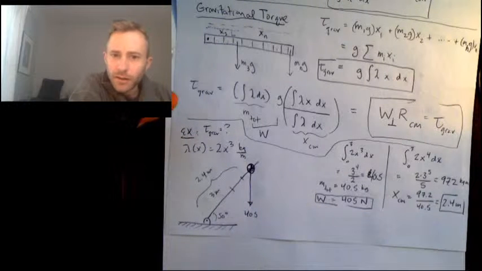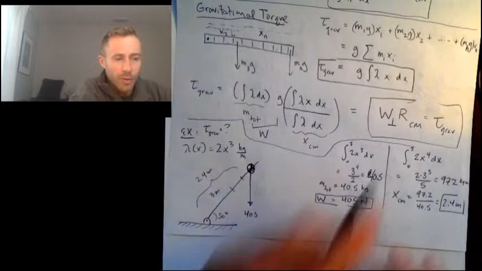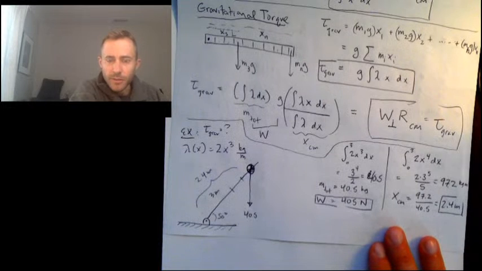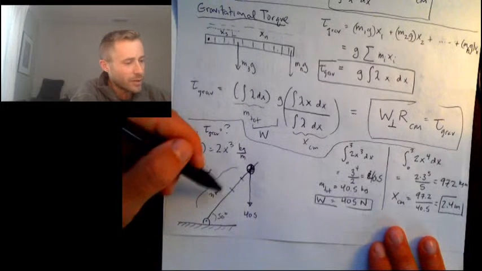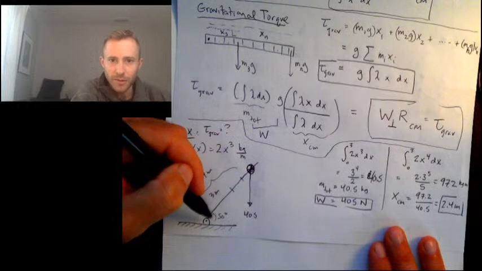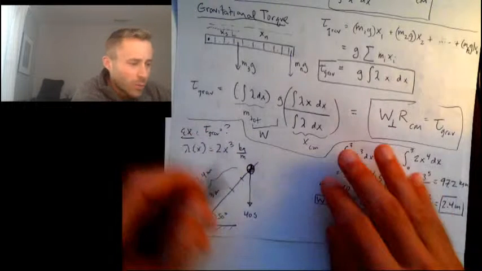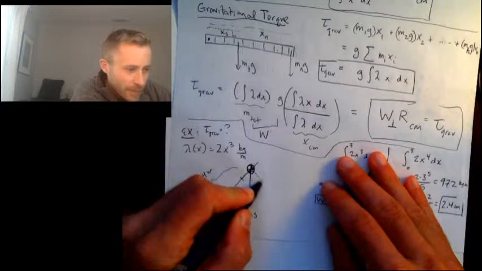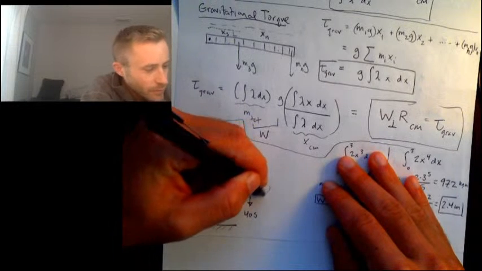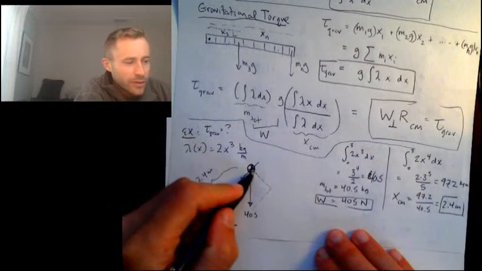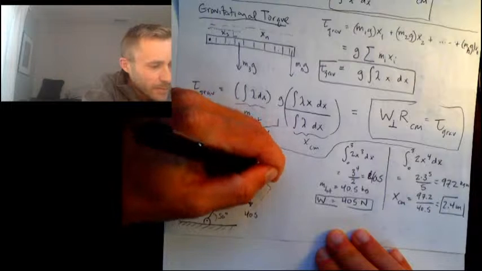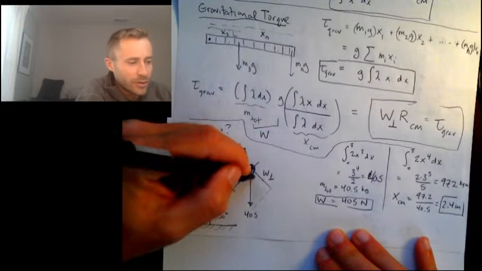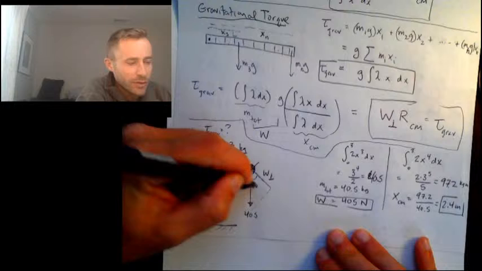Then we have a weight force going straight down that is 405 newtons. This is where the perpendicular part comes in, because the weight force is not perpendicular to the beam, since the beam is at an angle. If you work out the geometry, this is weight perpendicular, and this angle is actually 50 degrees.